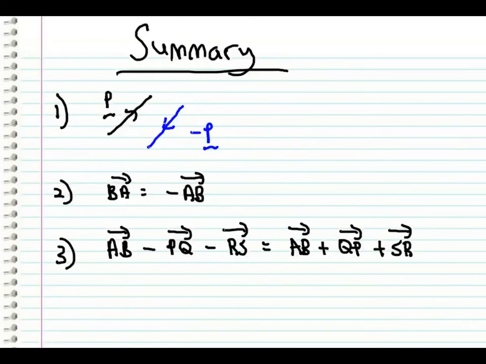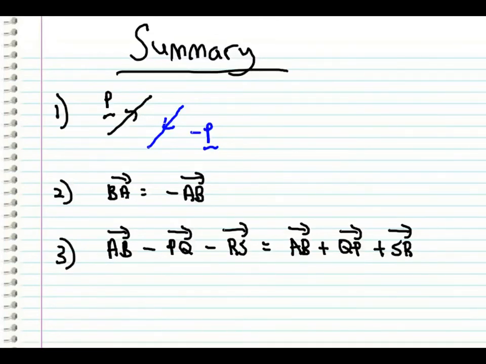So if I have vector P and I want to find the negative P, the vector negative P is just the same as vector P but pointing in the opposite direction. Same goes for point number 2. If I know AB, I want to find BA, they are just the negative of each other. Therefore, in vectors, the negative sign simply means it is pointing in the opposite direction.